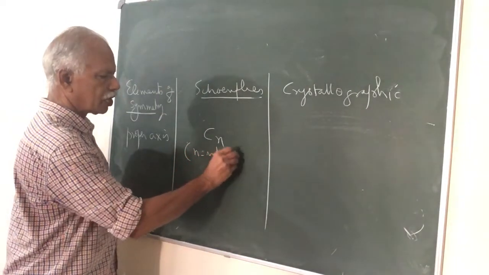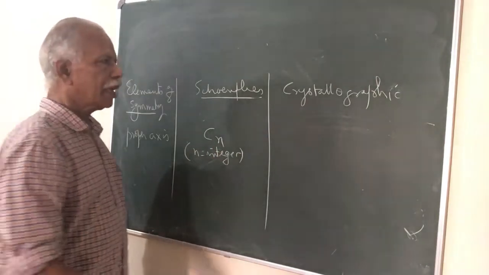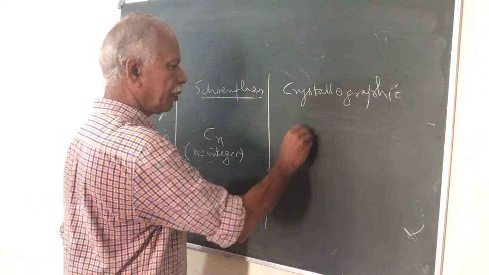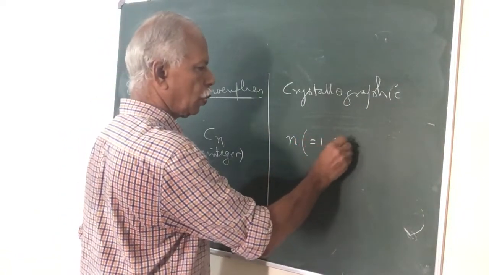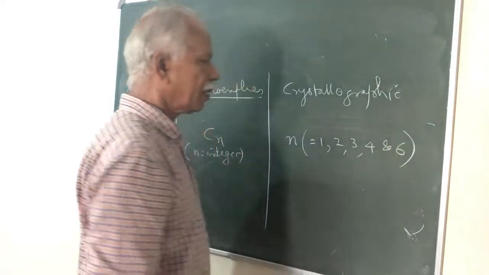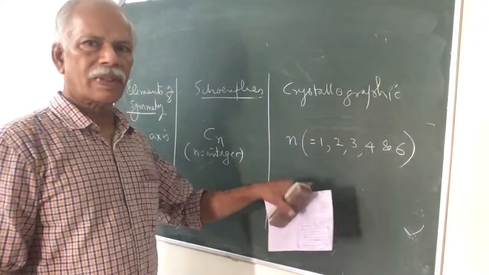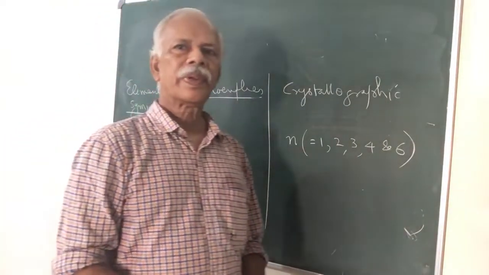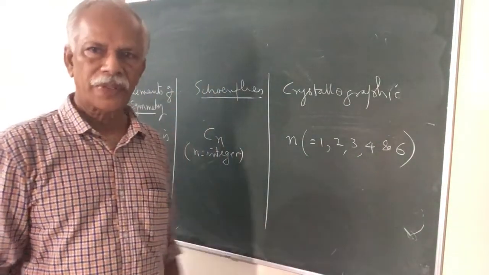There is no restriction on the n value. But here in crystallography, proper axes are simply called n. Its values can be 1, 2, 3, 4, and 6. Proper axes of order 5, 7, etc. are not seen in the discussion of crystallographic symmetries.